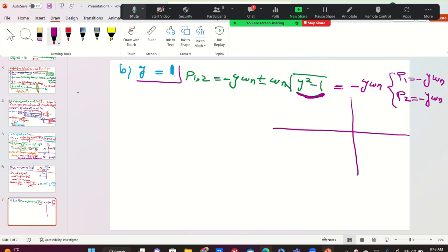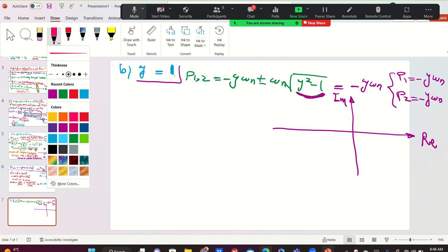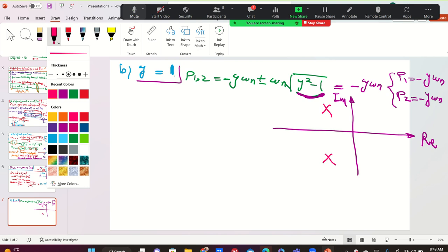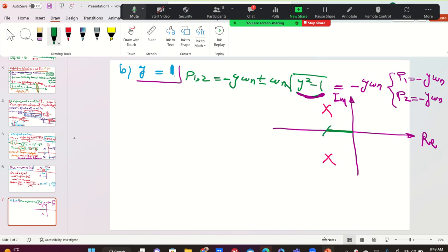So if I plot this, real, imaginary. For the underdamped system, we had the pair of complex conjugate poles. But for the critically damped system, because here is zeta omega, remember, you have two repeated poles over each other because it's on the real axis. See what I'm saying? You have two repeated poles.